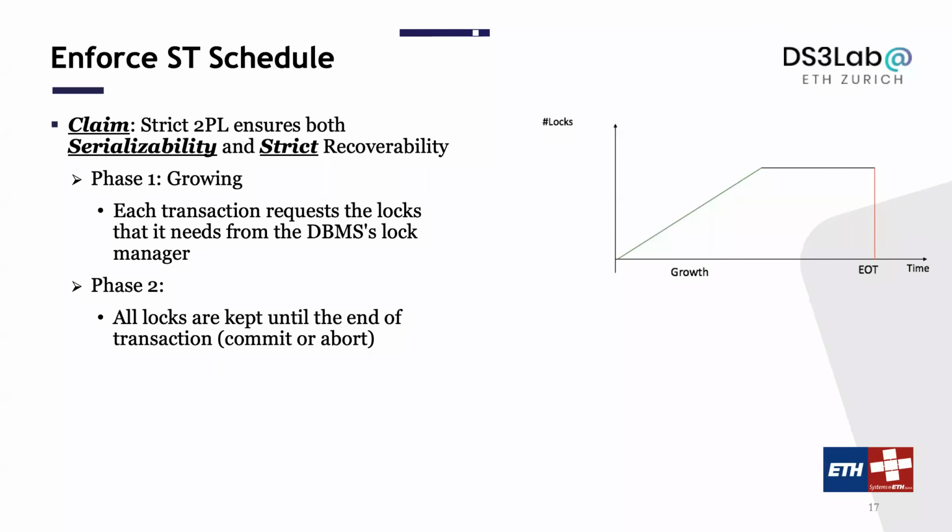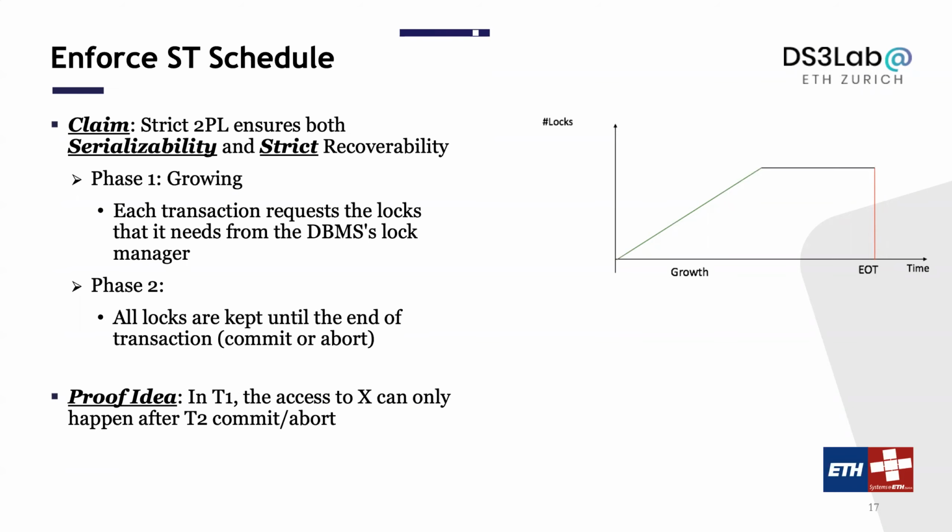If you lock this way, you are using strict two-phase locking, and this enforces all the schedules to be both conflict serializable and strict.